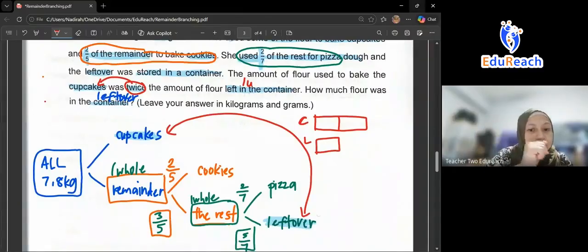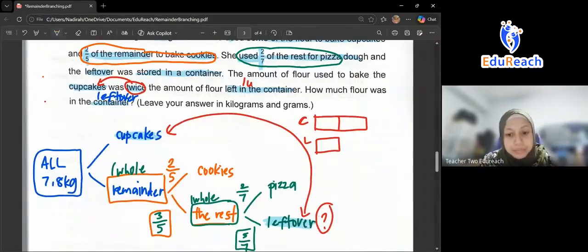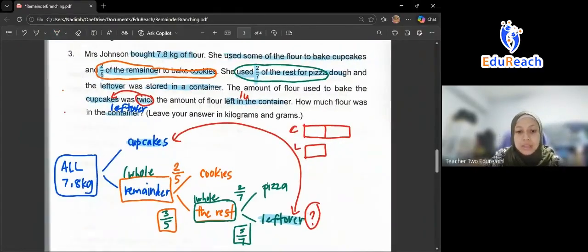All right, so how to find the leftover? How much flour was left over in the container? Okay, if you want, you can jot down the branch first. You can draw the branch first. Make sure you leave some space. Good thing is this question has a lot of space.